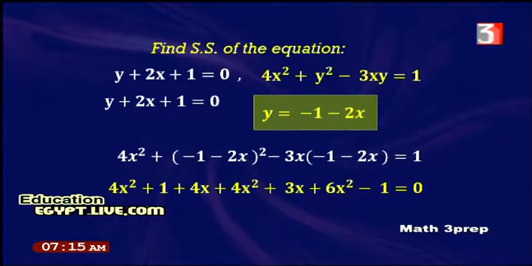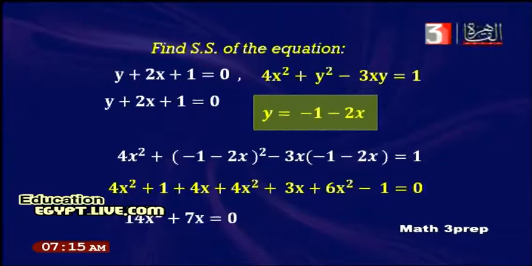We are going to add 4x to the power of 2 plus 4x to the power of 2 plus 6x to the power of 2 to obtain 14x to the power of 2. Then what about 4x plus 3x? It is 7x. So 14x to the power of 2 plus 7x. What about 1 minus 1? It is 0. So by collecting the like terms, you are going to obtain 14x to the power of 2 plus 7x equals 0.